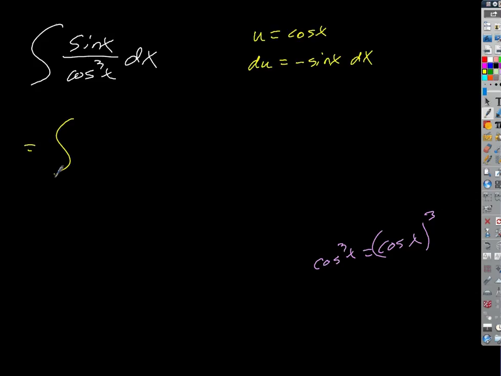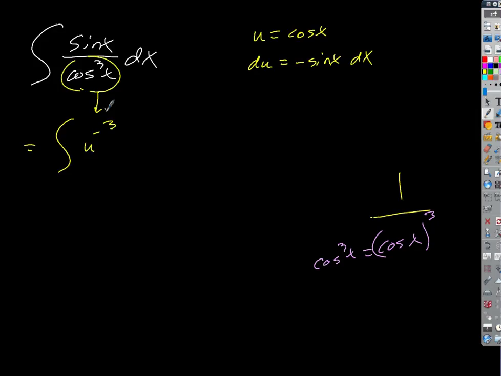But if cosine is u, then what's 1 over cosine cubed? 1 over u cubed, and if we want to do calculus on that, how would we write that? u to the negative 3. Everybody see that? This is the same thing as 1 over cosine x cubed, right? So we'd want a u to the negative 3. That's what that part did.